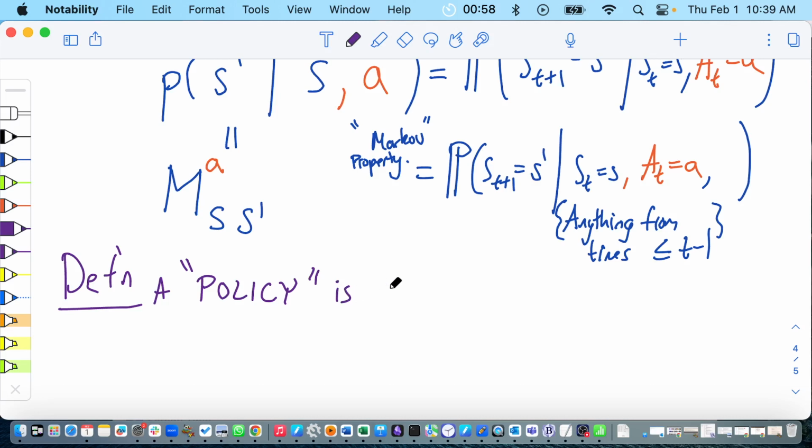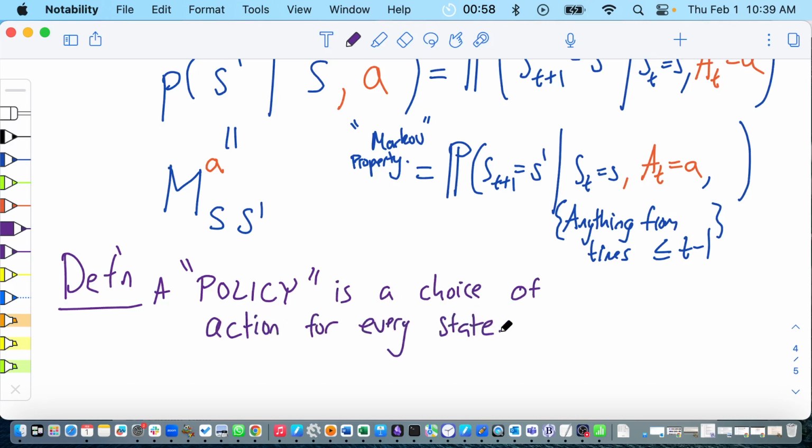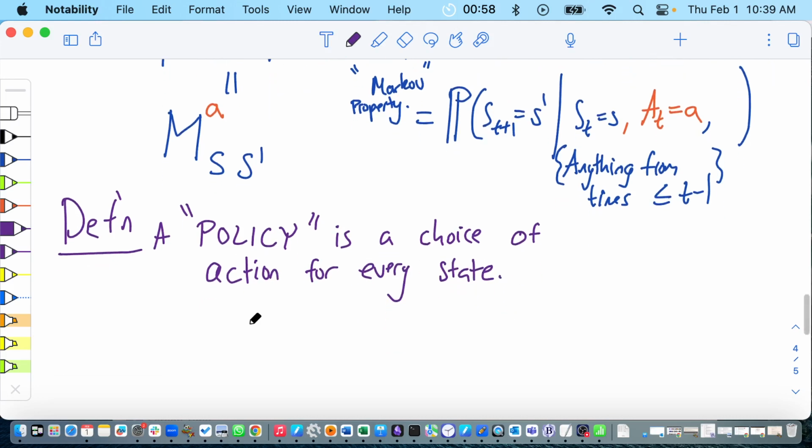So it is a choice of action for every state. And normally people write pi of s equals a, where pi is the Greek letter for p, p standing for policy. So pi of s equals a means at state s, I choose the action a.